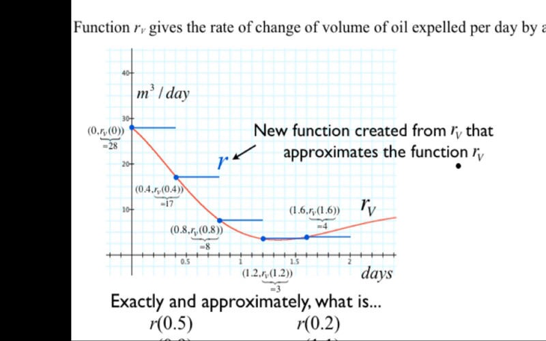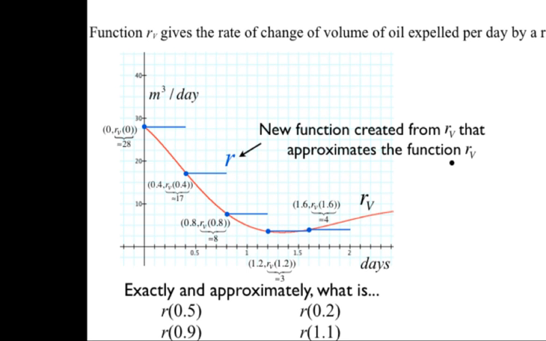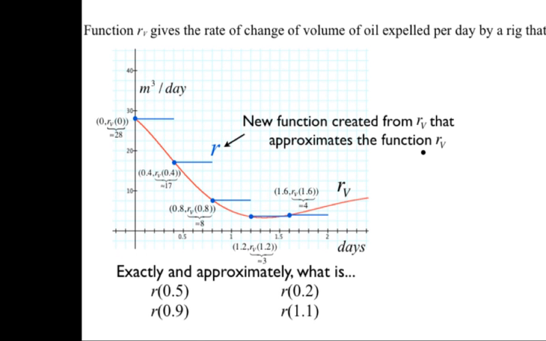Okay, so just for practice here. Exactly and approximately, what are these values of R? Now this is the R function, the approximate function. Exactly what are those values of R? R of 0.5, R of 0.2, R of 0.9, R of 1.1. Go.